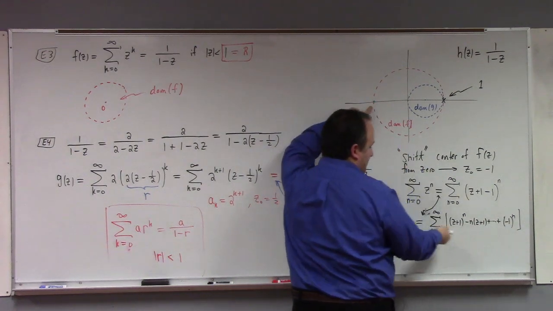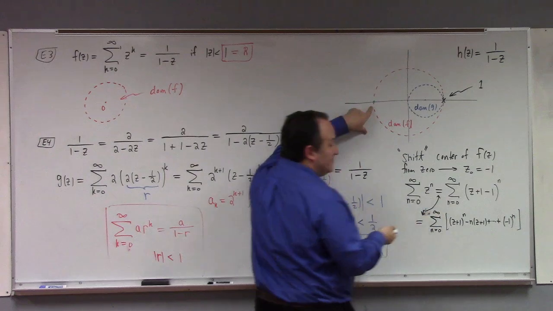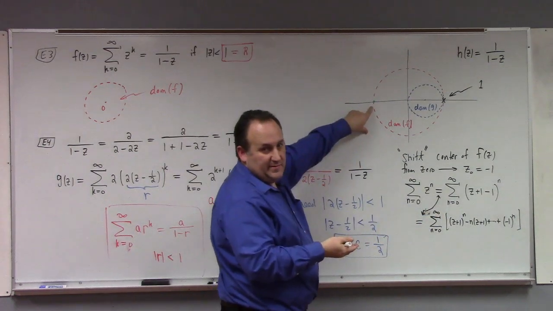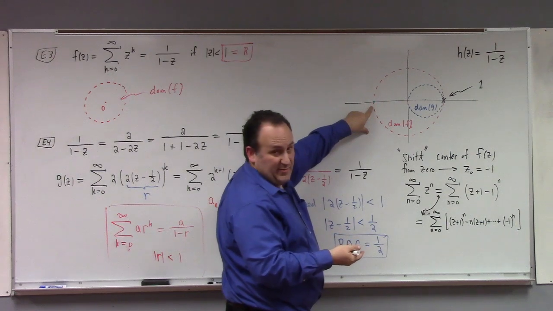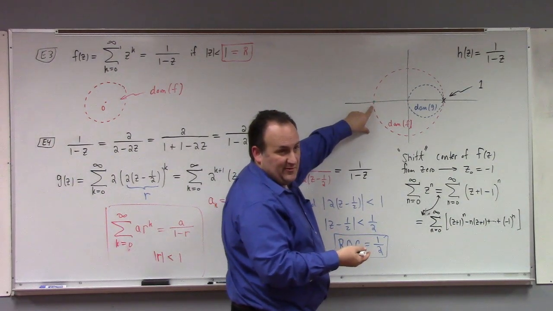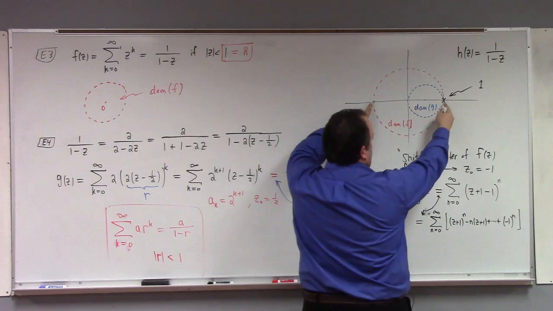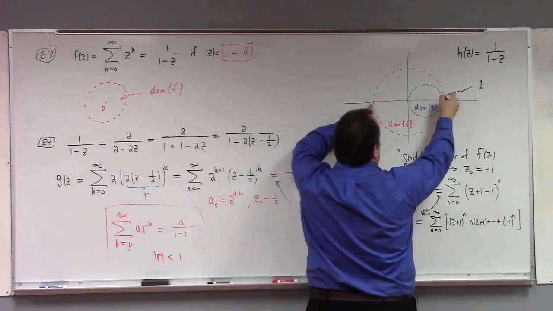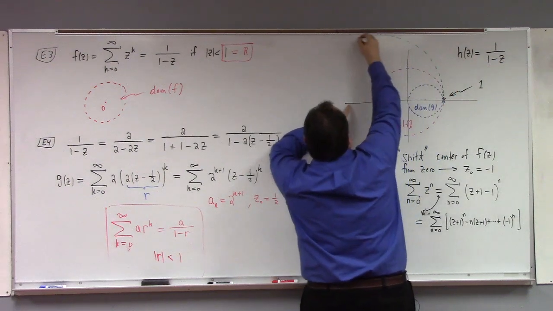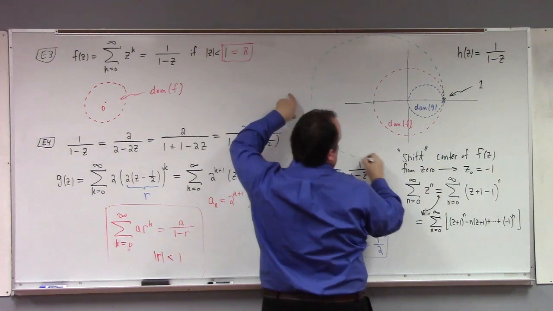And after you do this algebra and simplify things, what you end up with has radius of convergence not 1 anymore, but now 2. And the recentered one is going to have, like that.